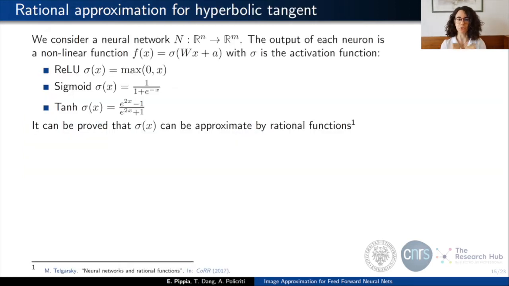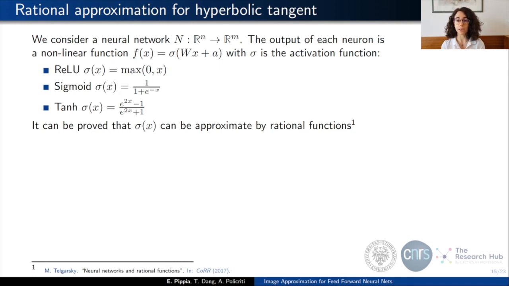So coming back to the neural network N, in general we already said that we have a nonlinear function for each neuron, and the activation function can be a ReLU, a sigmoid or a hyperbolic tangent. These are the standard ones. With the ReLU, we already know how to propagate the constraints layer by layer with a disjunction of linear constraints.